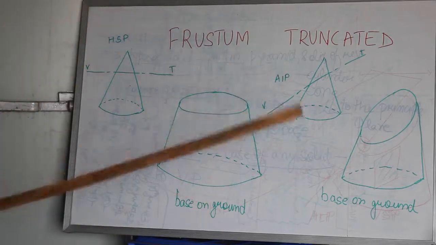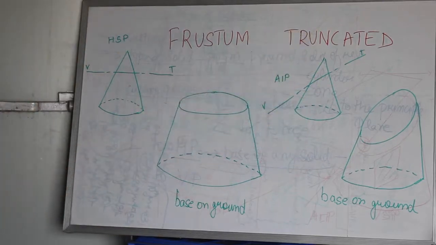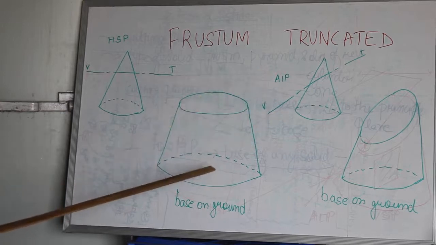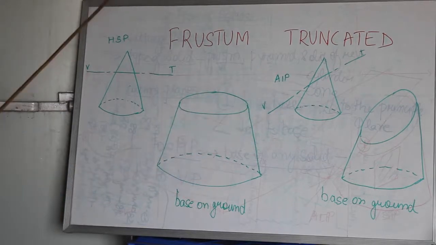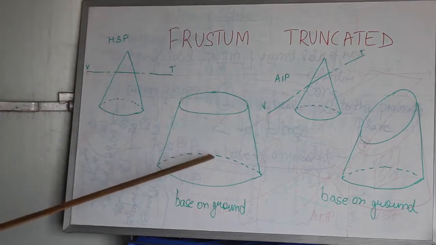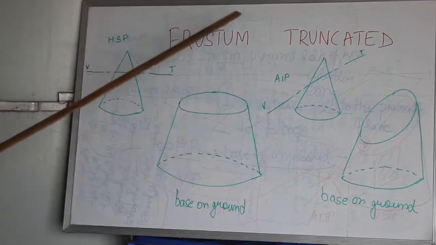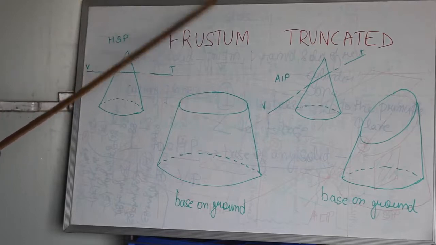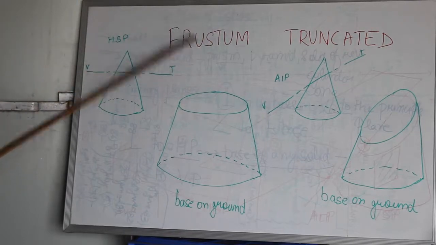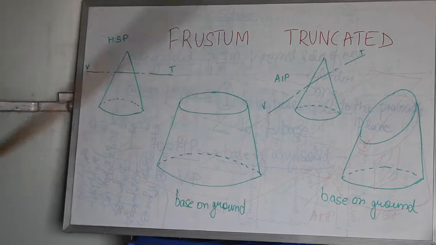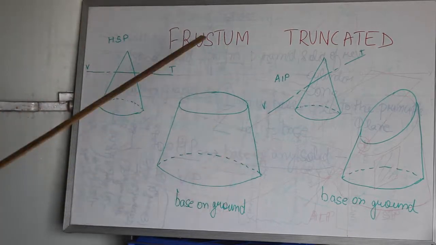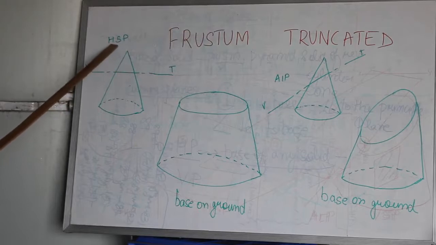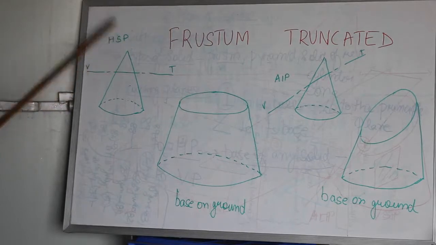On the other side, if I assume that the base of the solid was towards the vertical plane, if the base of the solid would have been resting on the vertical plane, by which method would I generate the frustum of the solid? I will generate the frustum of the solid by using a vertical section plane.